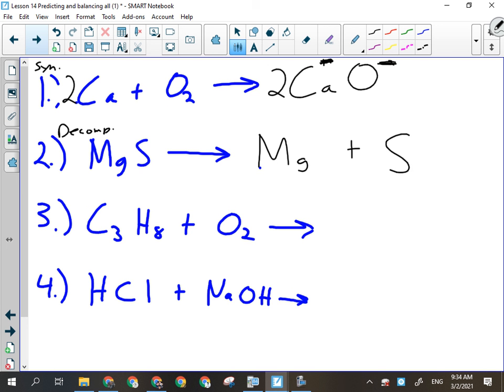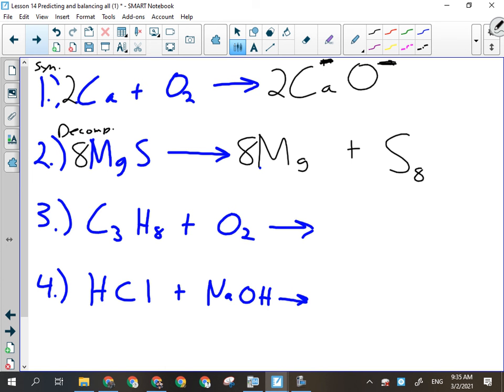Anytime I make single elements, what should I check for? If any of them are special. Is magnesium special? No. Is sulfur? Yes. Am I ready to balance now? Yep. So I've got 8 sulfur over there, 8 sulfur here. That makes 8 magnesiums, 8 magnesiums.